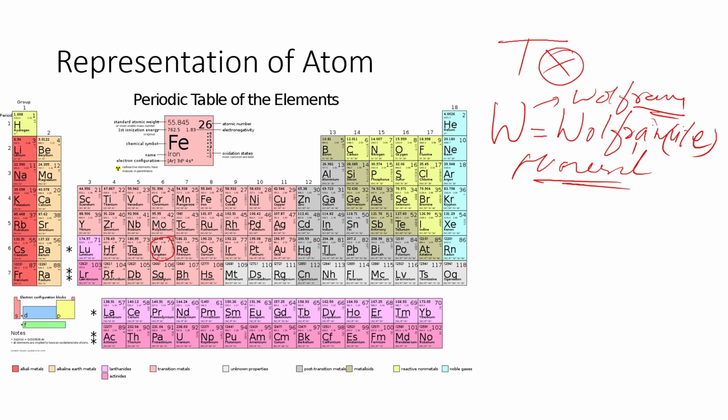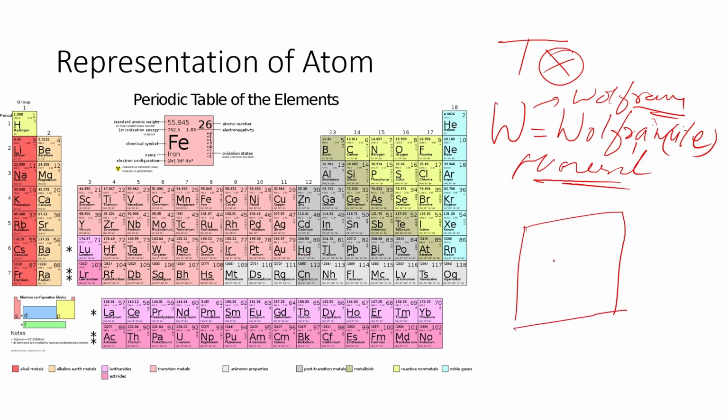In the periodic table, tungsten is lodged between chromium, molybdenum, tungsten, and one more element called Sg. So molybdenum comes essentially above it. You can see here, this is molybdenum. So the representation of an atom in a periodic table will be like this.